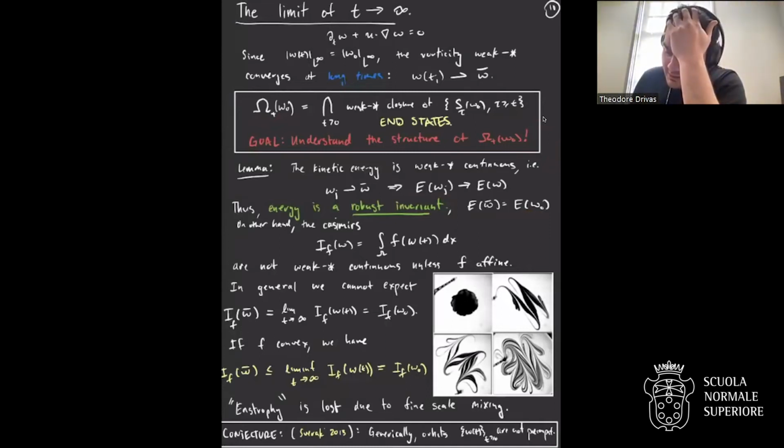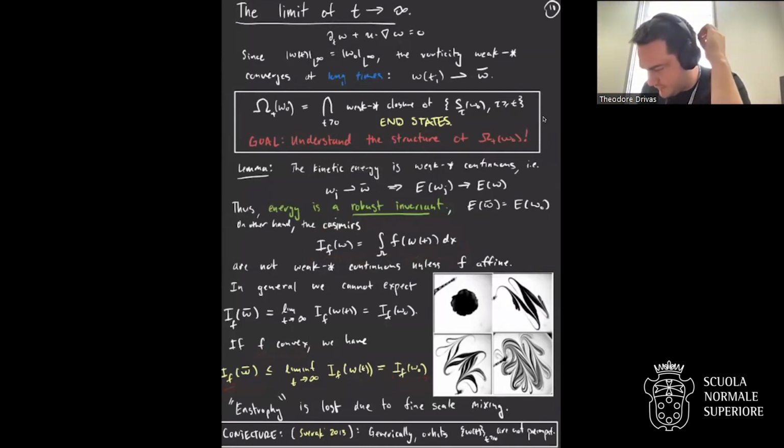There's not an equality constraint, but another constraint imposed by certain Casimirs. Remember that any function of vorticity is preserved for any finite time. But these things are not weak star continuous. What you can say is that if F is convex, then they're lower semi-continuous, in the sense that the Casimir of the weak limit can be less than or equal to the Casimir of the data.